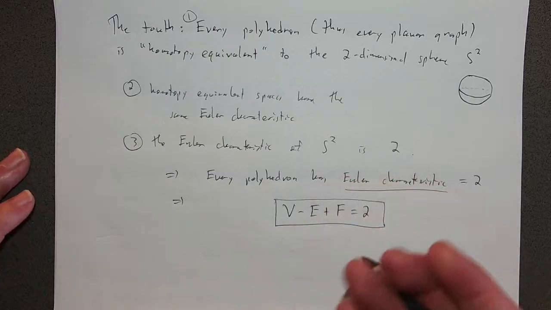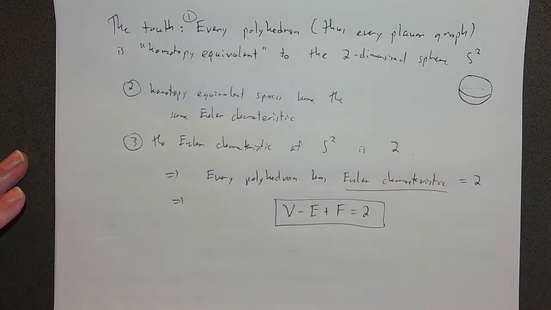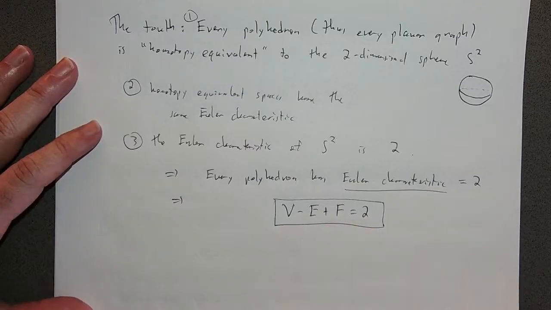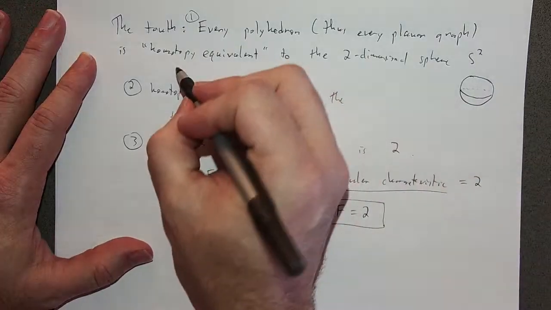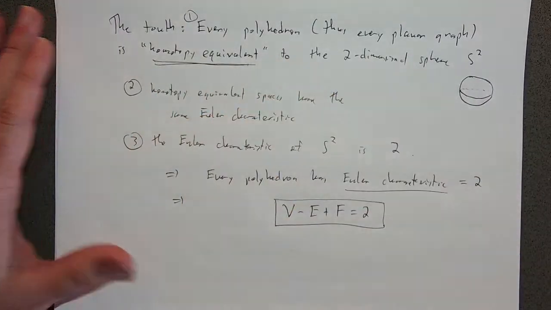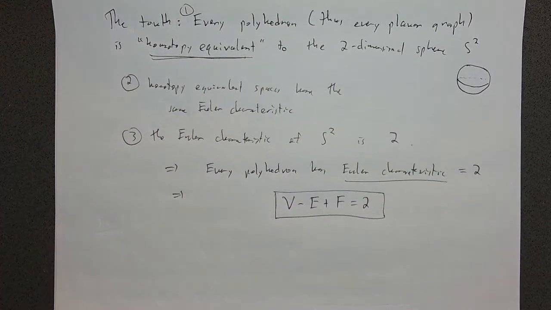The reason I wanted to show this is because the reason we passed to using the Euler characteristic in this way was the same reason it was used in topology, which is that figuring out when two spaces are homotopy equivalent is hard. This is a hard question to answer.